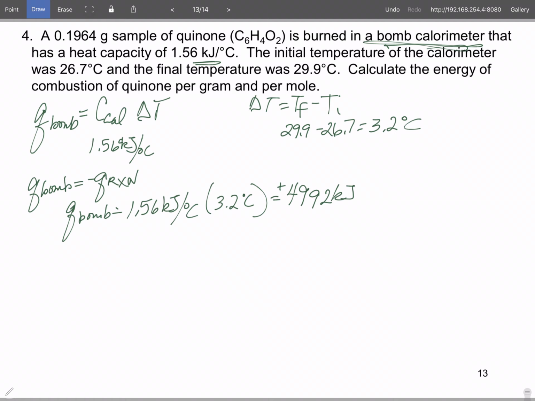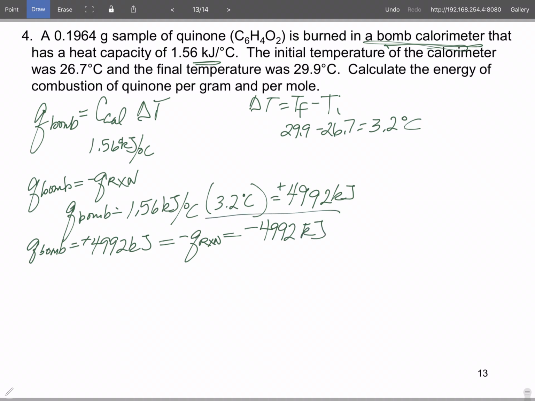So if the bomb goes up in temperature, it's absorbing heat. If it goes down in temperature, it's losing heat. So that means the Q of the bomb may be plus 4.992 kilojoules, but the reaction has got a negative Q, so the Q of the reaction has got to be negative 4.992 kilojoules. So the reaction energy is that.